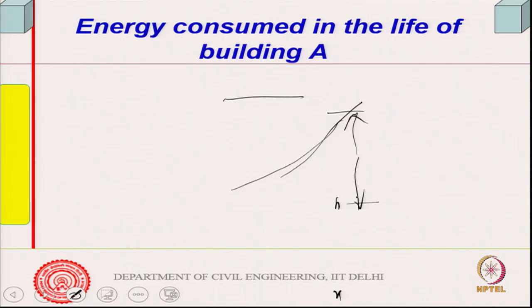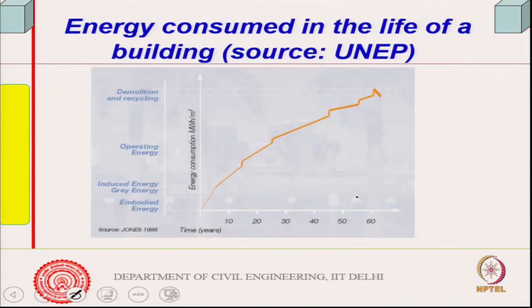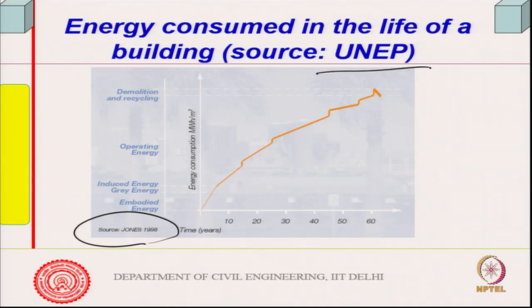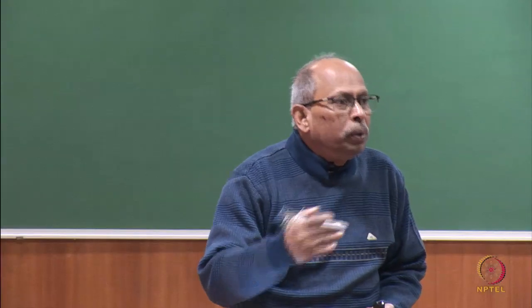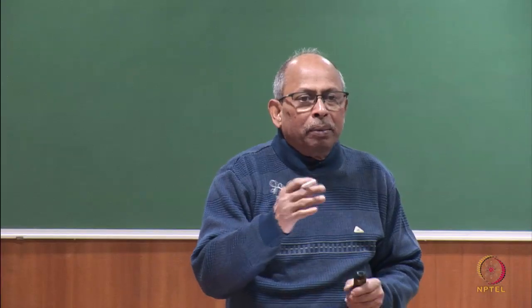Okay. So, let us go to this, a United Nations chart, I think it comes from 1988. This is from a UNEP source. This gives you years and this gives you the embodied energy, total energy. So, embodied energy is somewhere here. There is some amount of grey energy. The grey energy is related to the energy of repair, which is not easy to quantify, but gives some idea.